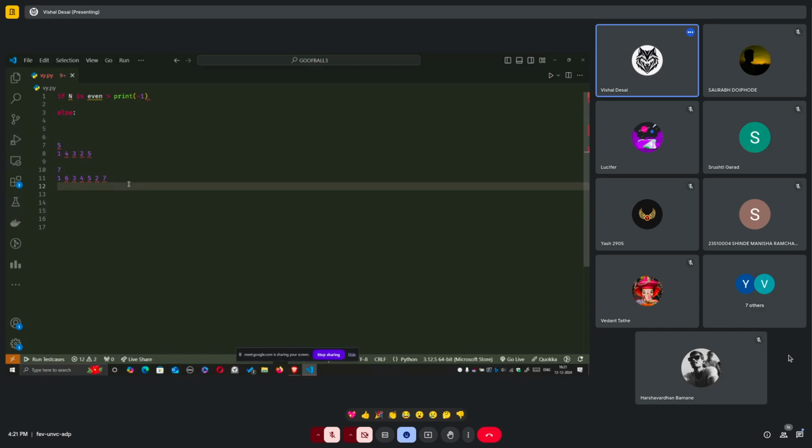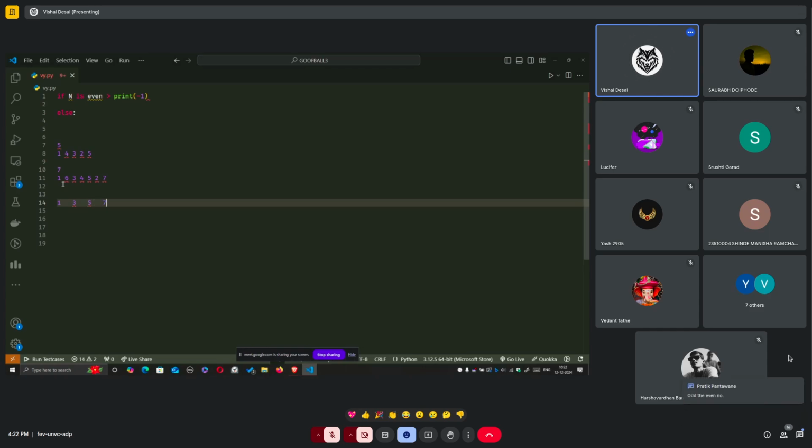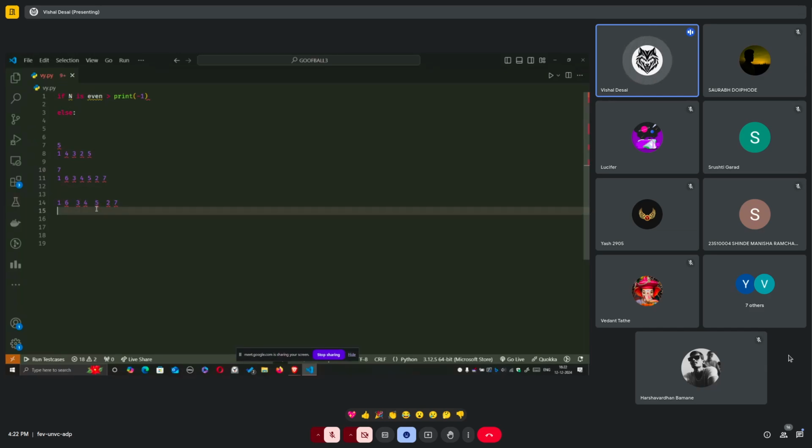It is simple. Okay, so I will tell. What it is basically is, if the numbers are odd, then it is 1, 3, 5, and then 7. And if the numbers are even, then it is 6, 4. So odd numbers are placed in ascending order, and even numbers are placed in between them in descending order.